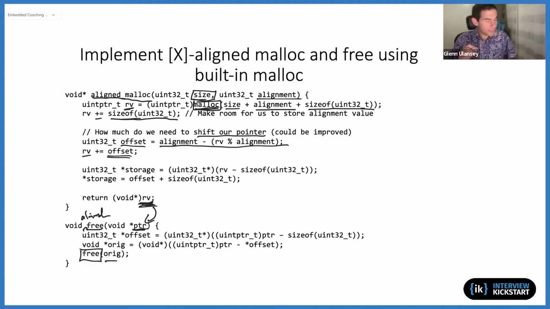So what we need to be able to do is, within our free function, figure out how much we shifted over that address. How much did we shift it over? And then we need to unshift it. We need to pass into free whatever the original pointer was.